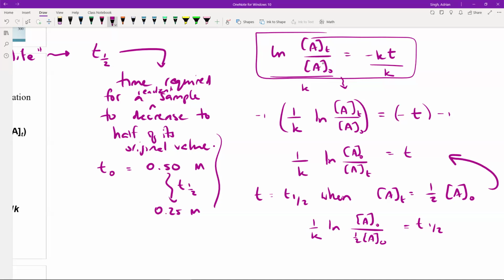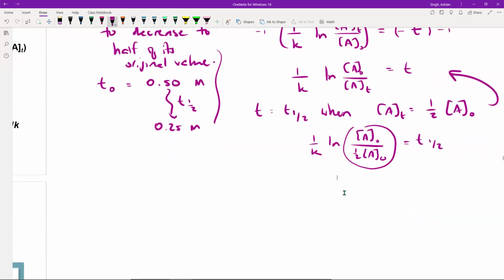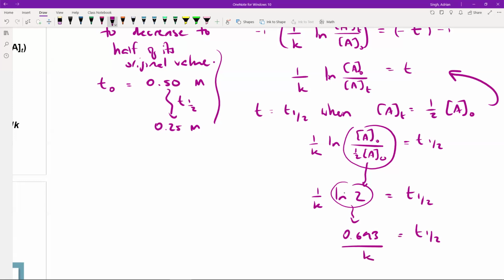Because 1 over 1/2 is the same as 2, this becomes 1 over k times the natural log of 2, equal to t 1/2. We evaluate the natural log of 2: stick that in your calculator and you get 0.693, and that times 1 over k is 0.693 over k.